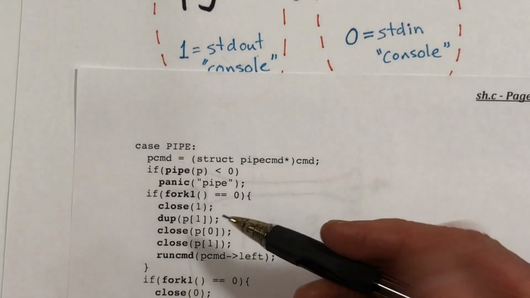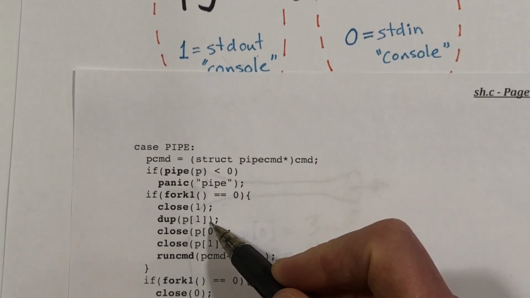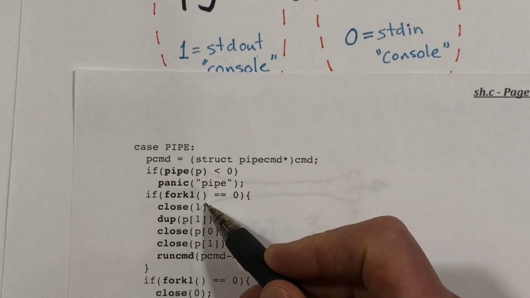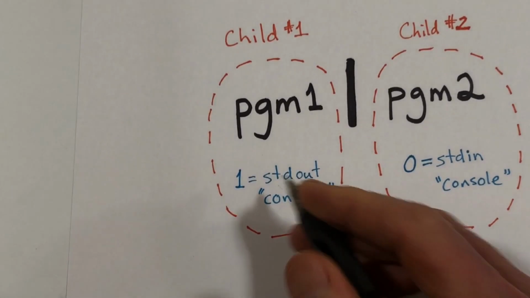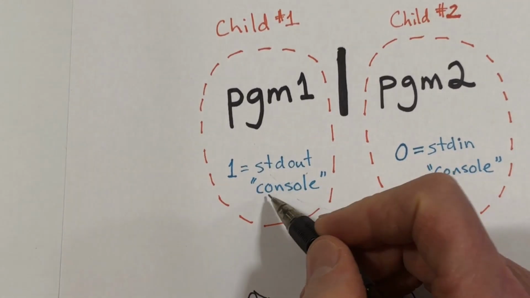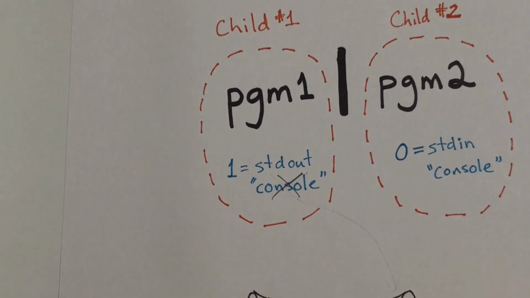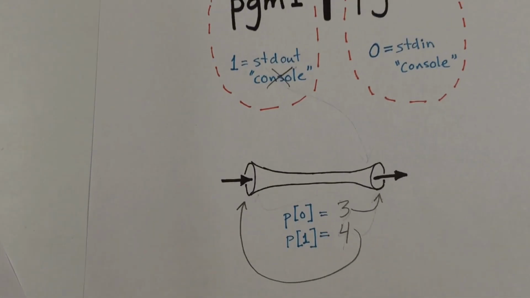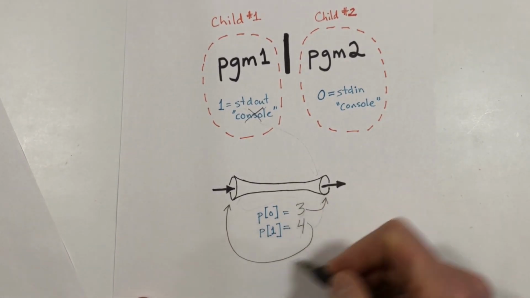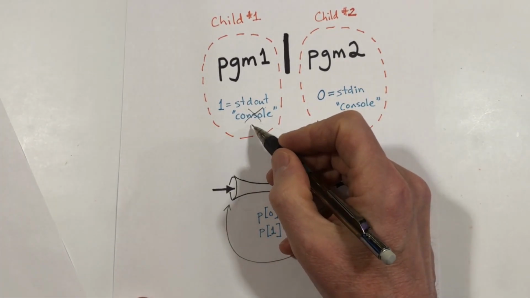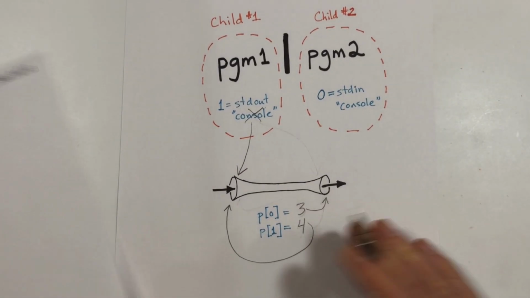And dup is going to make a copy of that and put it into the first available file descriptor. Well, we've just closed file descriptor 1, so that's available. So it's basically going to change file descriptor 1, and instead of pointing to the console, it's going to point to whatever 4 points to. So 4 points to this, so this will be redirected to point to that end of the pipe.